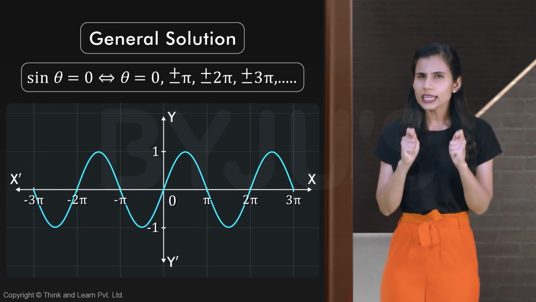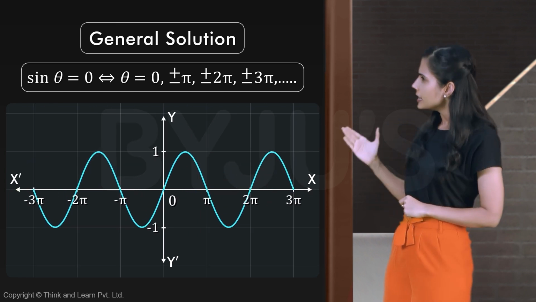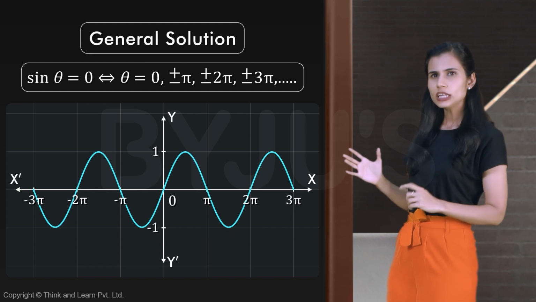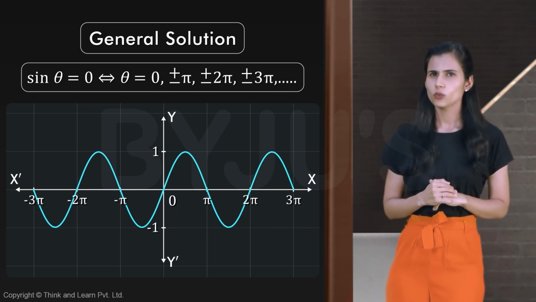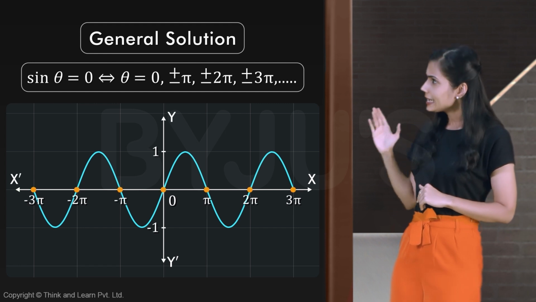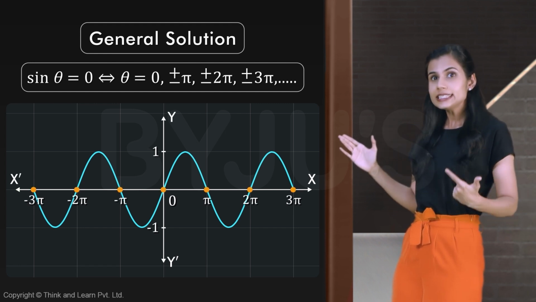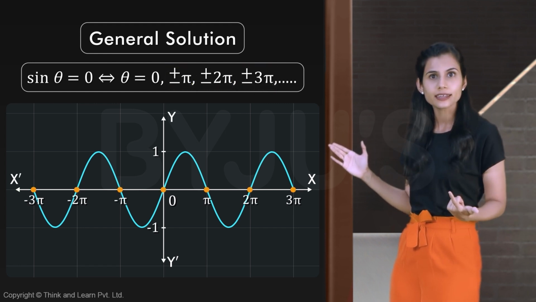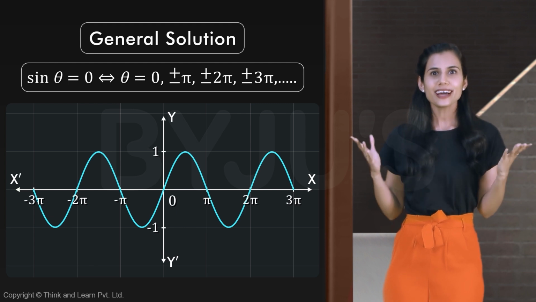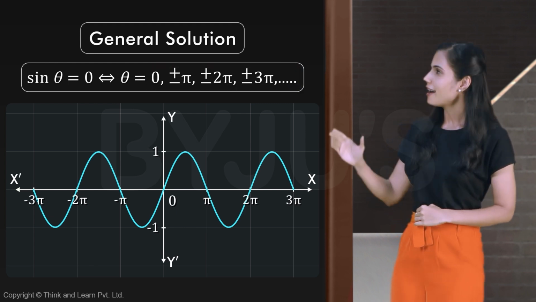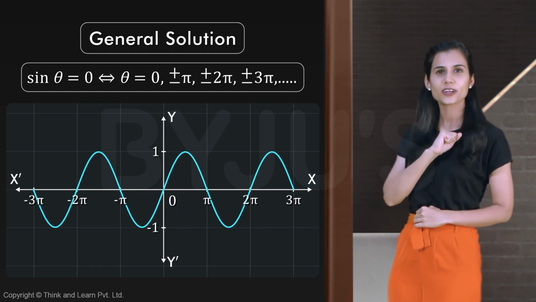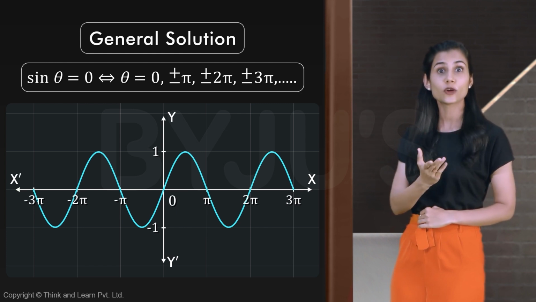But if you carefully inspect the list of these angles, you will realize that they have one thing in common. What is it? Each one of them is an integral multiple of pi. And ta-da, we are done. All the integral multiples of pi are solutions of this equation. What is the equation?